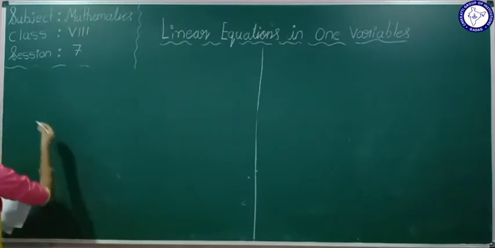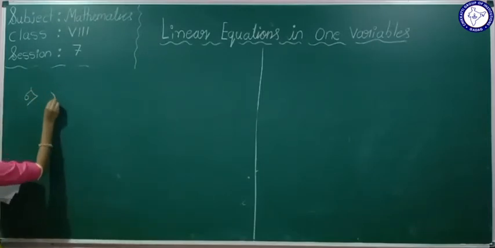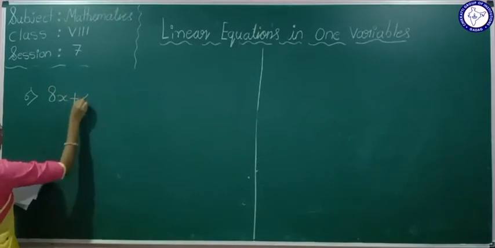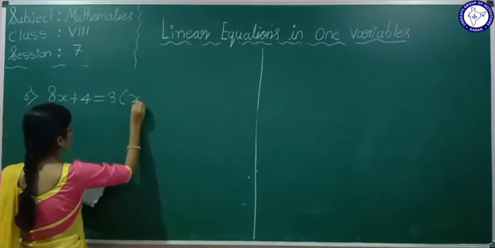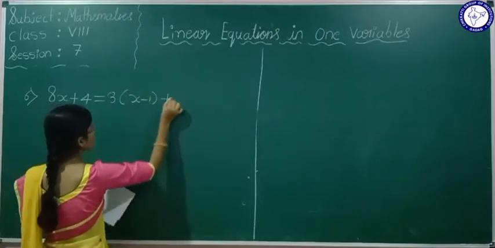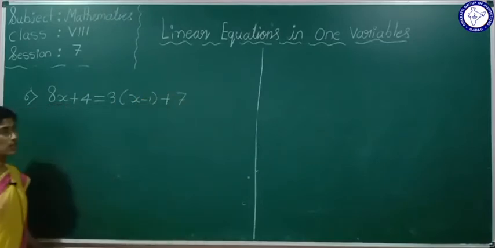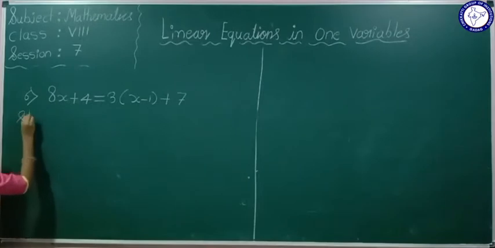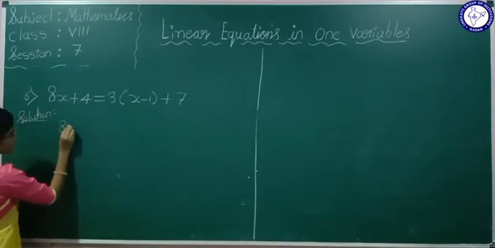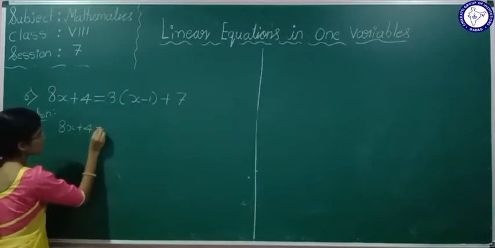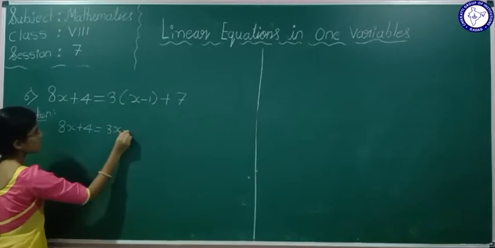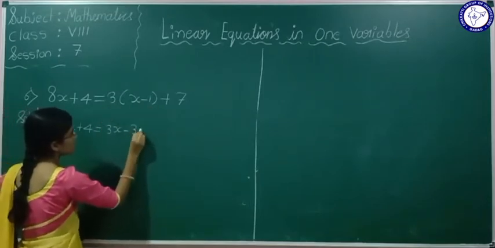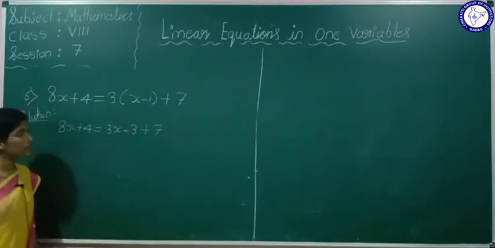Now the 6th problem: 8x plus 4 is equal to 3 multiplied by x minus 1 plus 7. See the solution. 8x plus 4 is equal to 3 multiplied by x is 3x, minus 3 ones are 3, plus 7.